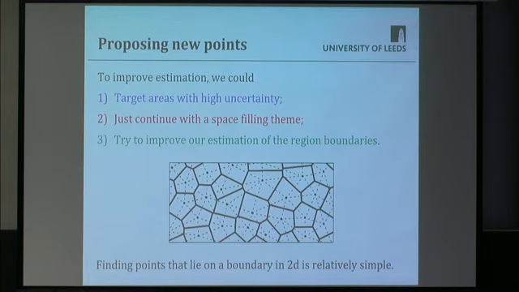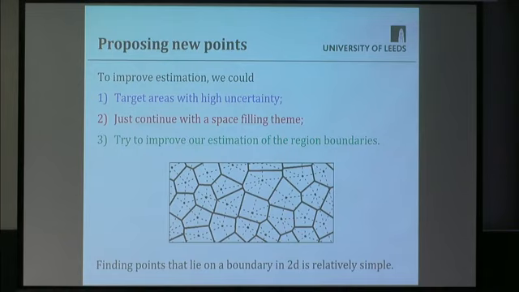You might think, well, I need to continue with the space-filling theme, so I need to try and get every part where I've not already sampled and see what's going on with the function there. Or we might be much more direct, and try to target those region boundaries. As I say, we're interested in telling the scientists where these boundaries are, so if I can pin those down a little bit better.